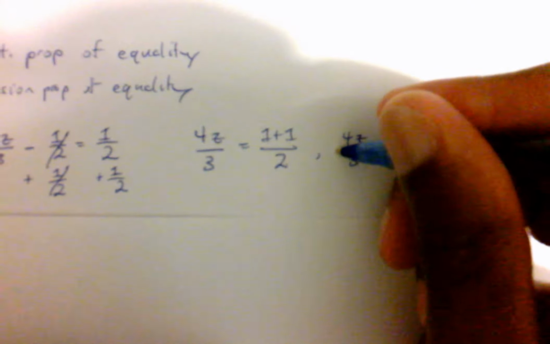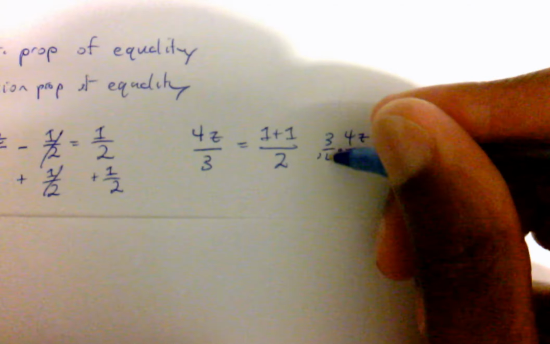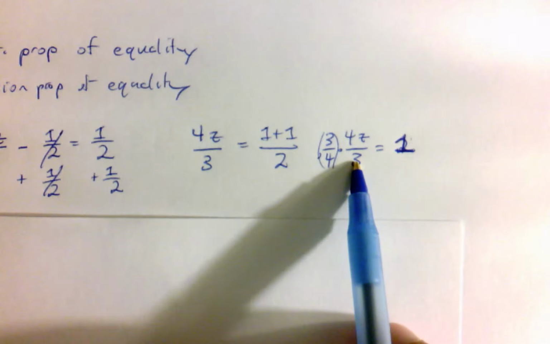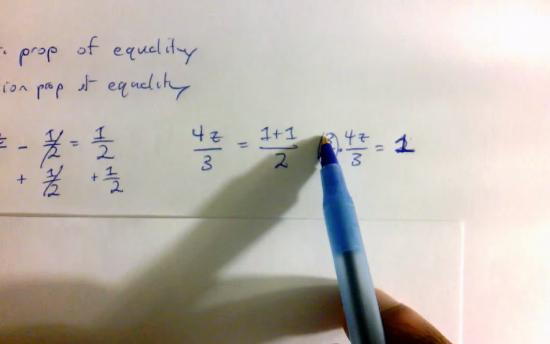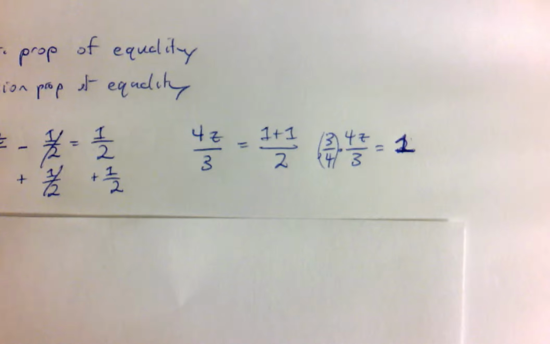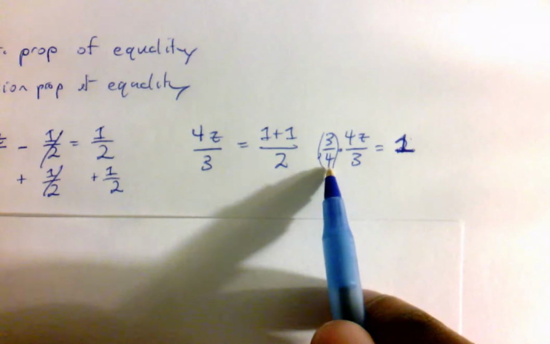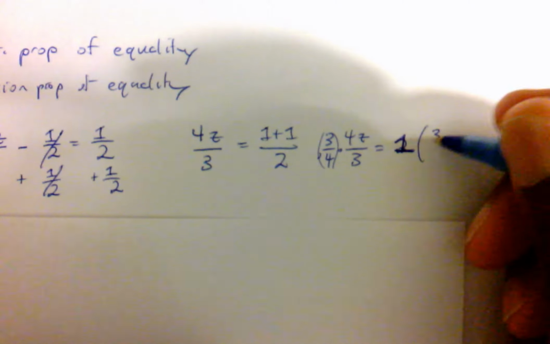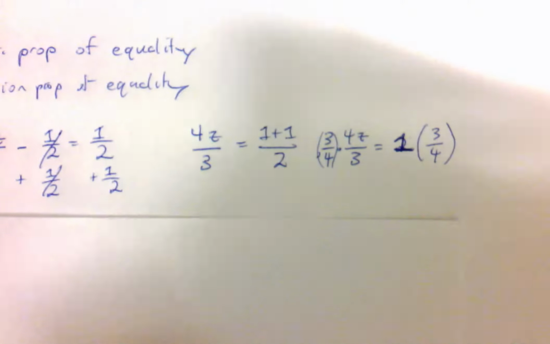So what I'm going to do for this one is multiply this side by 3 fourths, which is the reciprocal of 4 thirds. So 3 cancels with 3, 4 cancels with 4, and I'm just left with z. So if I multiply this side by 3 fourths, I get z by itself. But that means I have to also multiply this right side by 3 fourths.